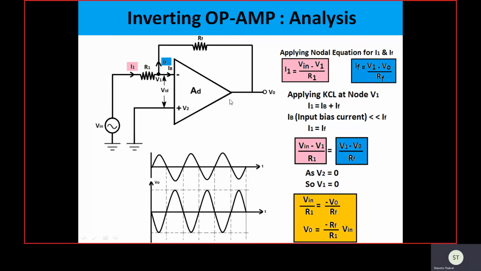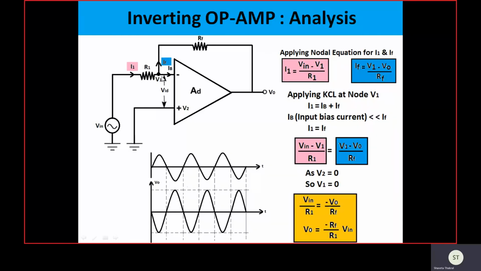So we are going for the analysis of the inverting operational amplifier to calculate its voltage gain. To calculate the voltage gain, we are applying the nodal equation for the currents, that is I1 and IF.